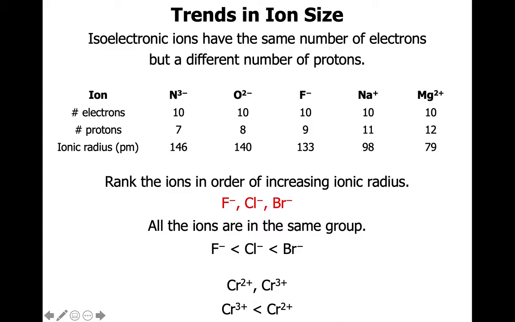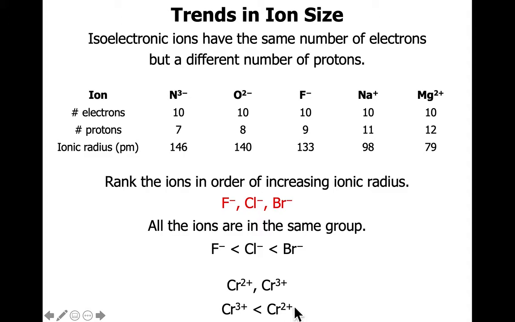Another one that we'll run across sometime, and that's analogous to what we were talking about up here, but not for isoelectronics, is if we have two ions of the same metal, chromium 2 plus and chromium 3 plus. The more highly positively charged the ion is, it will be smaller, and the one with the smaller charge will be larger.